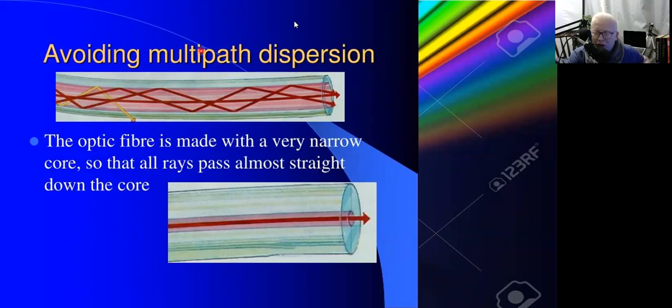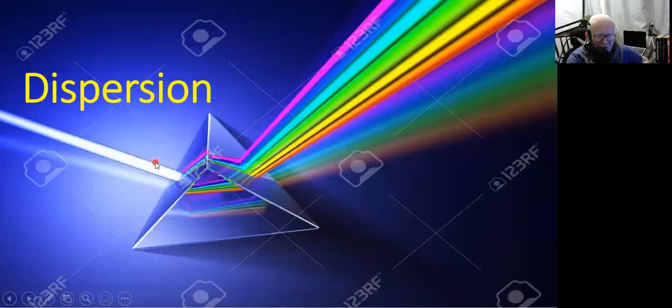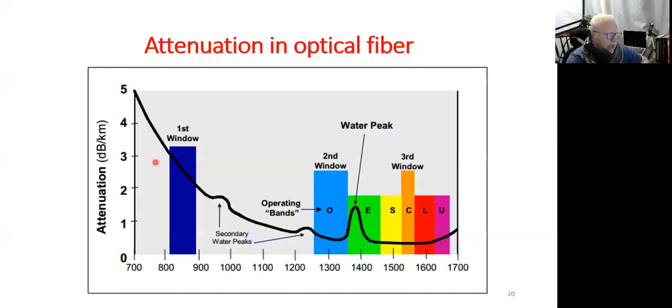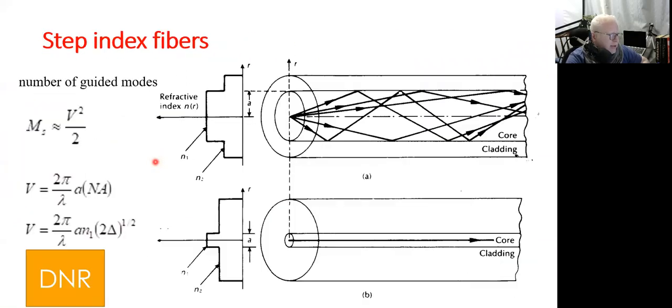Of course, in order to transmit more and more data, you need a larger radius, because if you remember, early in this lecture we have an equation for the number of modes. Yes, here it is. This equation is for the number of modes. And as you can see, the number of modes is directly proportional to A, where A is the radius of the optical fiber. So it makes sense: the larger the radius, the larger the number of modes.